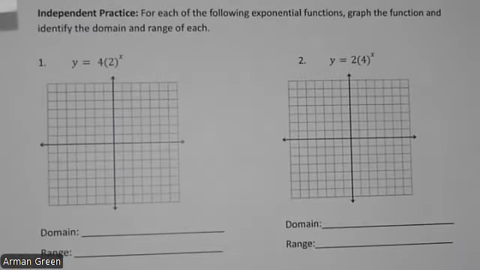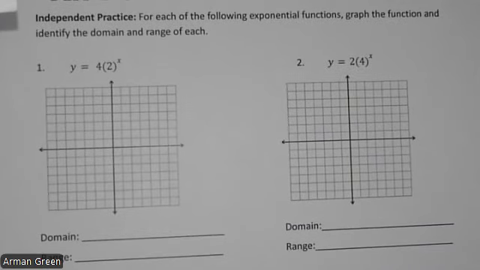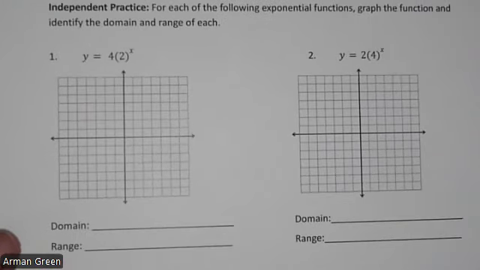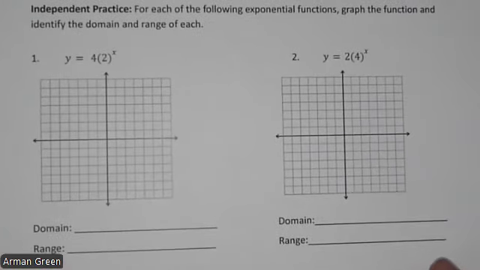On page 5, we have a few independent practice problems, about 4 of them actually. What we want to do is take these exponential functions, graph each of them, and then identify the domain and the range of each of these graphs as well.